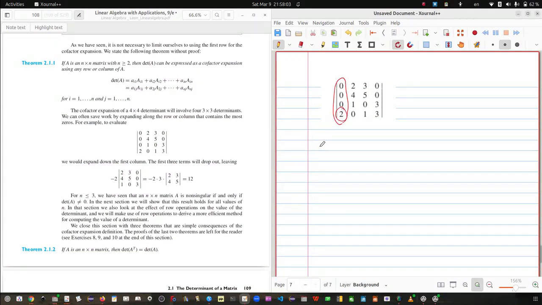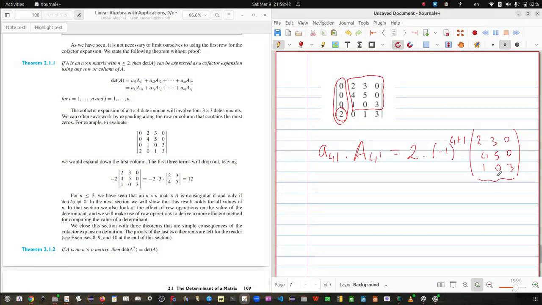So the only calculation will be for this element. That element means A41 times the cofactor of A41. And that means 2 times the cofactor, which means minus 1 to the power 4 plus 1 times the determinant of its cofactor. The cofactor is what you get when you hide this column and row. Now we have to find out the determinant of this.